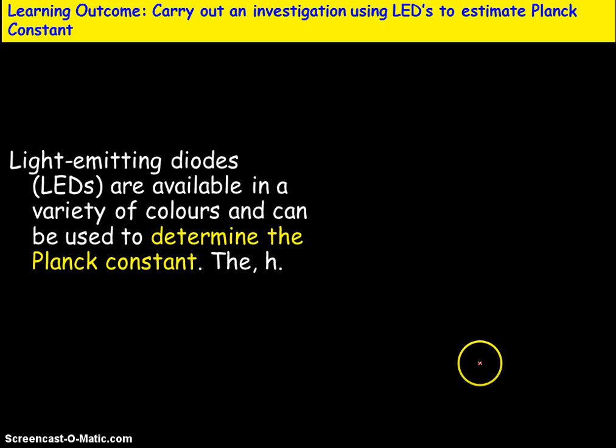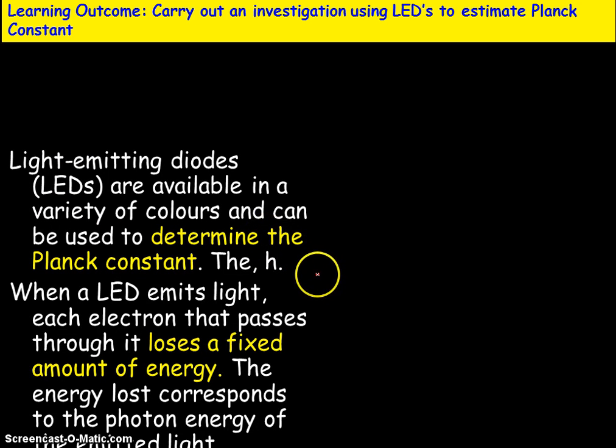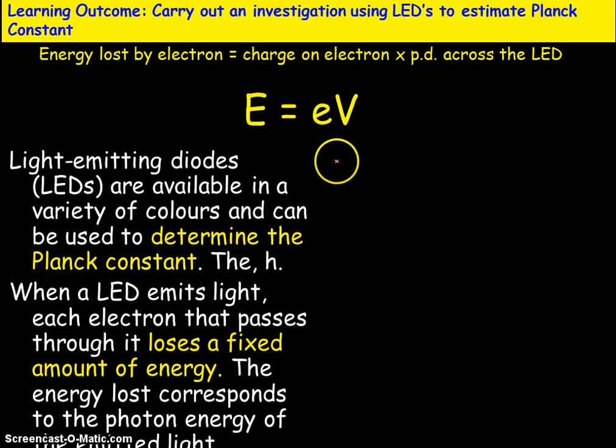So an experiment that we can use to determine Planck's constant then, what we do is we use light emitting diodes, and the way an LED works is that once the LED turns on, it requires a minimum voltage in order to do this. Now the energy that is required to turn this on corresponds to the energy that is lost by the electron, and that's emitted as a photon of light from the LED of a discrete energy level.